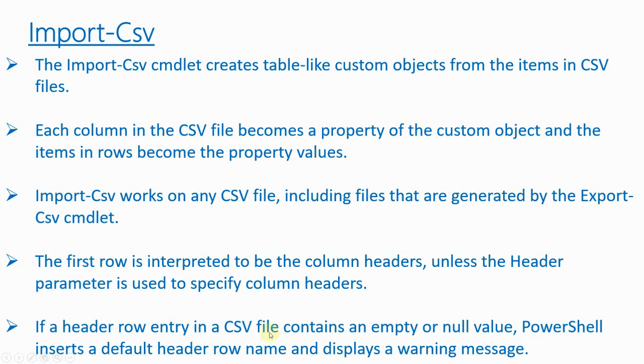And in case any header row in the CSV is empty or a null value, then PowerShell will insert a default header name, and with that we will get a warning message. So these are some points about the Import-CSV commandlet.